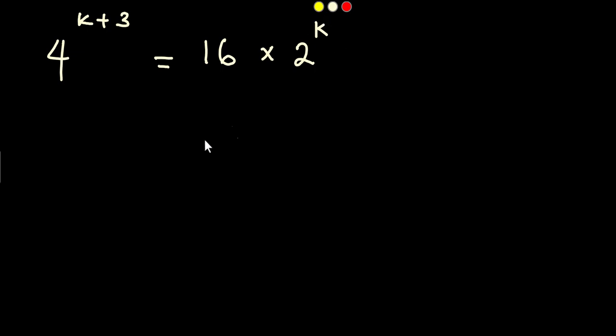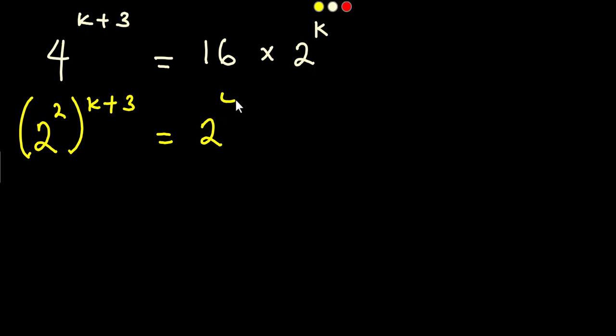So I'm going to raise this to the power of 2, so there's going to be 2 to the power of 2, and of course I have to put that in brackets to differentiate it from the power here, which is k plus 3. And 16, I have to raise it to the power of 2, that will be 2 to the power of 4, and of course times this by 2 to the power of k.